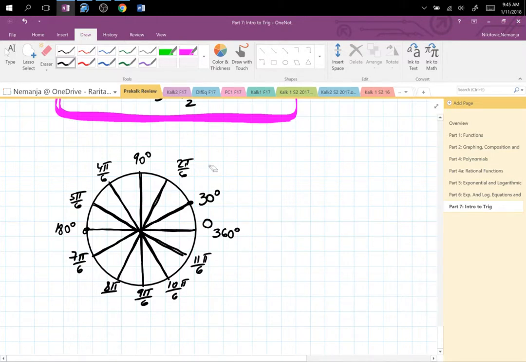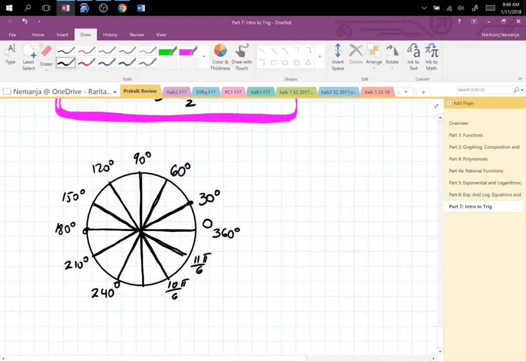So 30 times 2 is 60 degrees. And then you see another 30 gives you 90. So that's good, right? And you can just keep going around adding 30. So 30, 60, 90, 120, 150, 180, 210, 240.